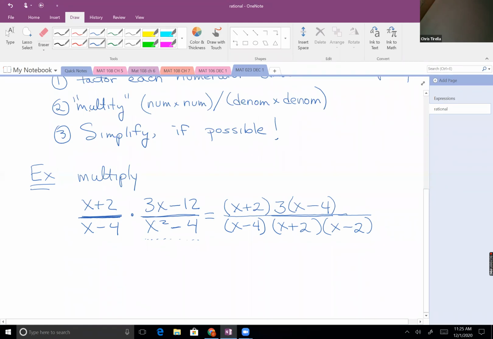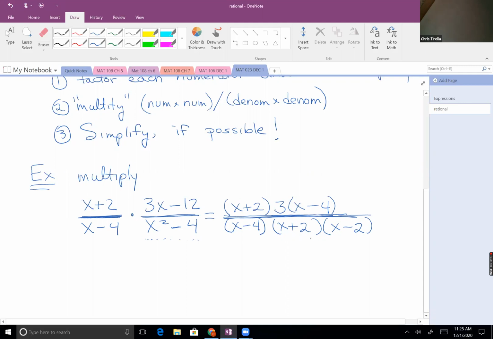Now that second step, multiplying, I did that because I took the two fractions, and you see how I just turned them all into one fraction? Everything from the numerator is being multiplied in the numerator. Everything from the denominators is being multiplied in the denominators.